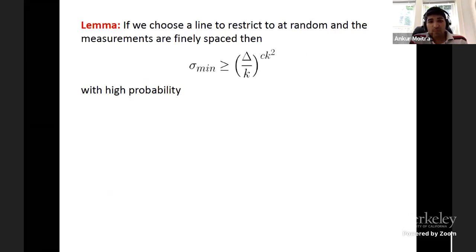So what we can show in our paper is that, let's say you started off with delta-separated centers in 2 dimensions in this observation plane. Then you choose a random line and project onto that line. With high probability, your minimum separation will only decrease from delta to delta over k squared.